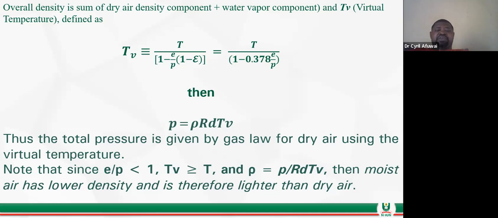Thus, the total pressure is given by the gas law for dry air using the virtual temperature. Now, the last equation, P equals rho Rd TV, gives the total pressure by the gas law for dry air using the virtual temperature.